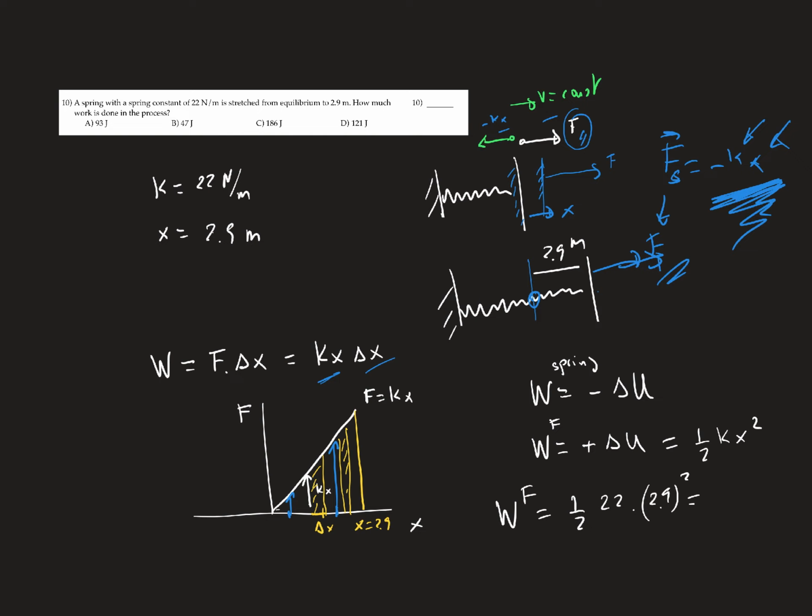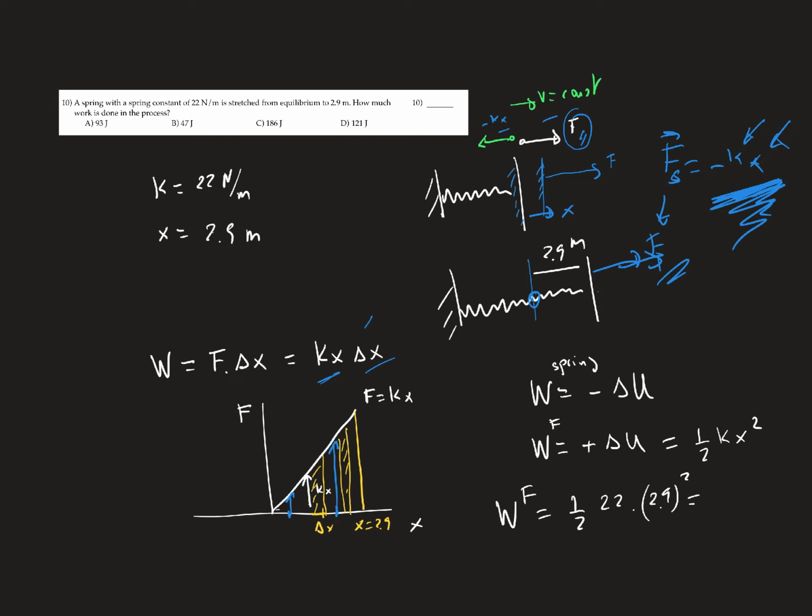So kx by delta x, we can put the displacement like the amount, delta x. What does kx by delta x mean? In one instance, kx maybe is this amount, delta x is this amount, so kx by delta x is this small area.